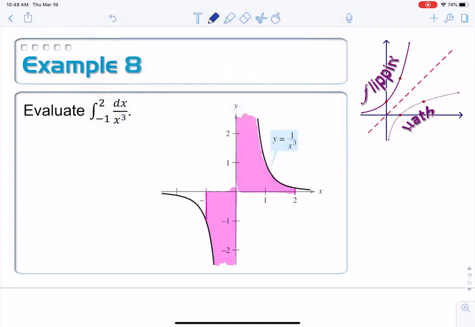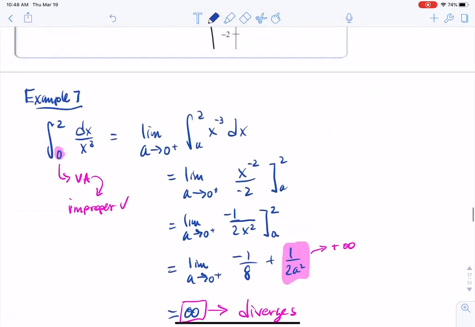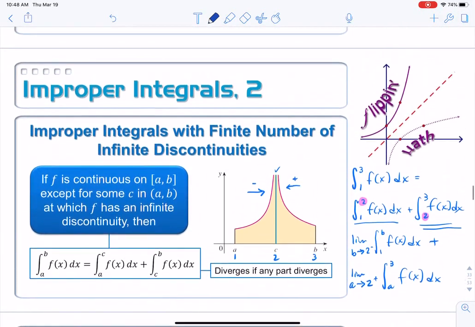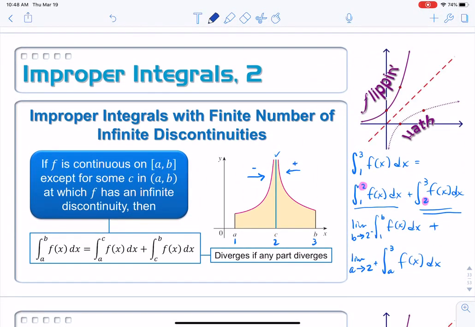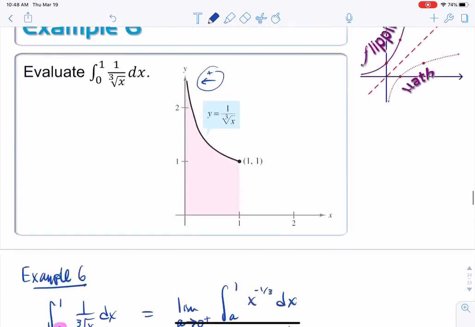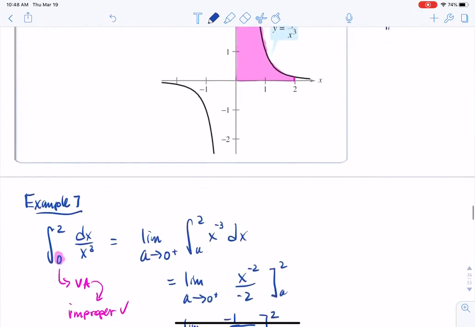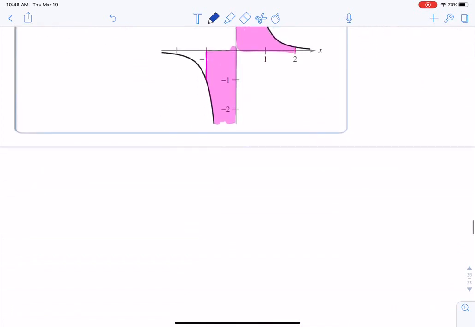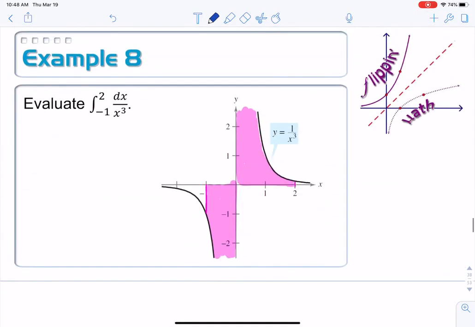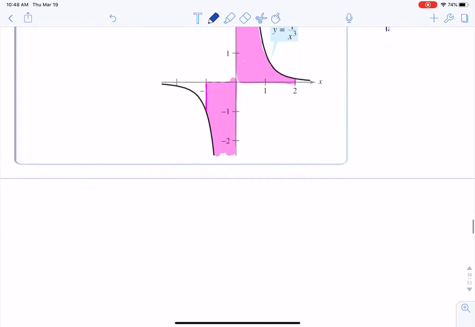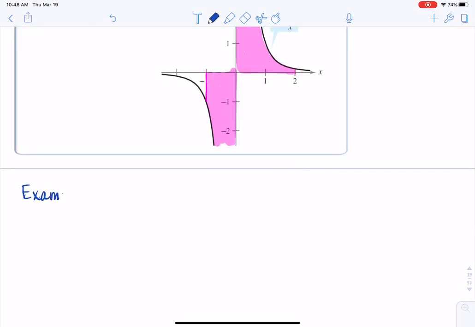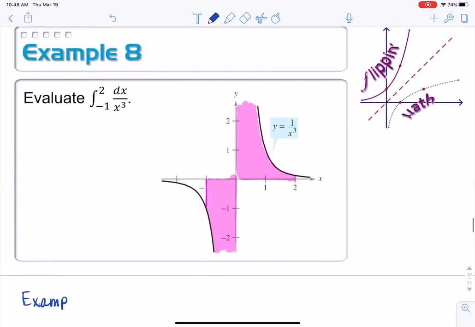But remember, there was something that we stated right up here: diverges if any part diverges. The thing that's in the box right there is going to come into play, as we're going to see in just a moment. If this problem was all by itself, I may not have known that, so I'm going to play like I'm completely devoid of that knowledge.